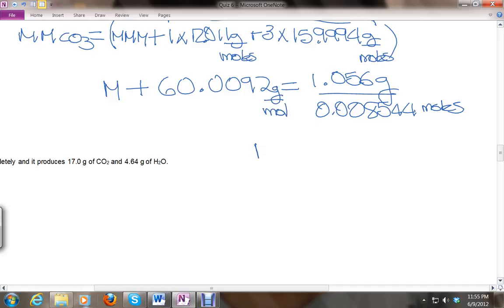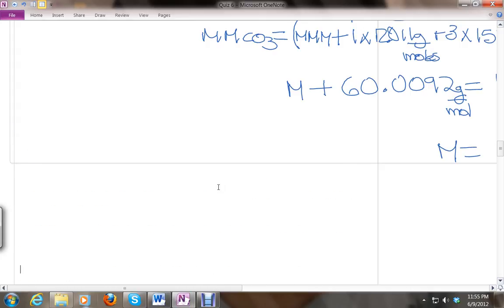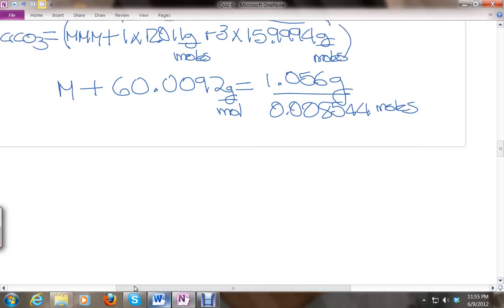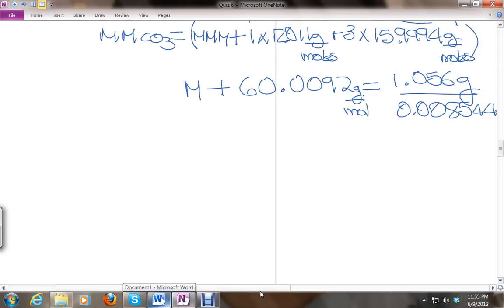Now, if you solve it for M, we're going to subtract 60.0092 grams per mole on both sides.